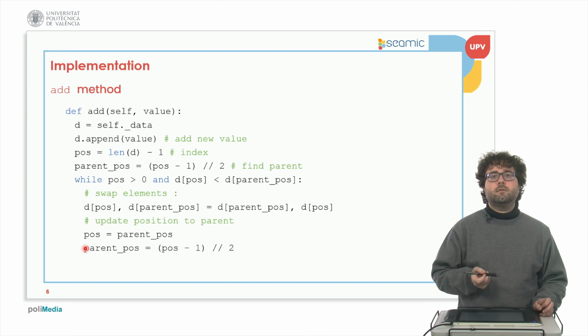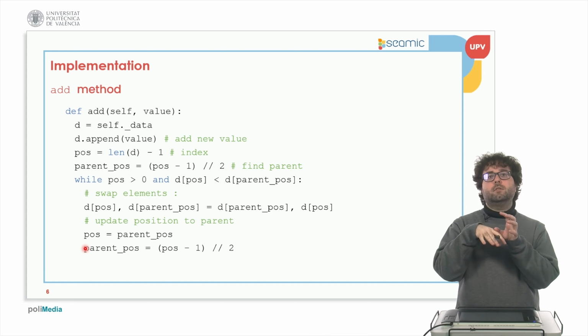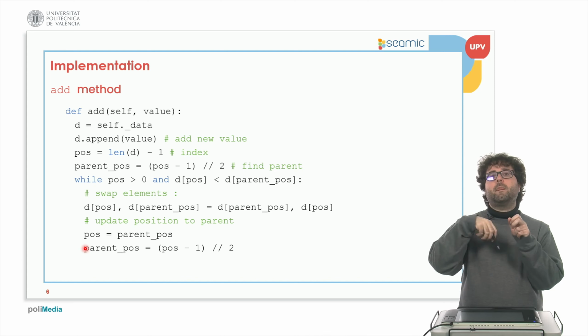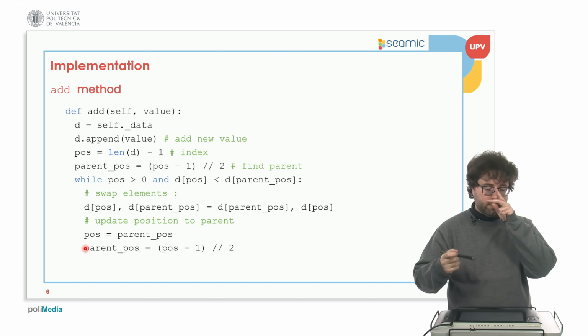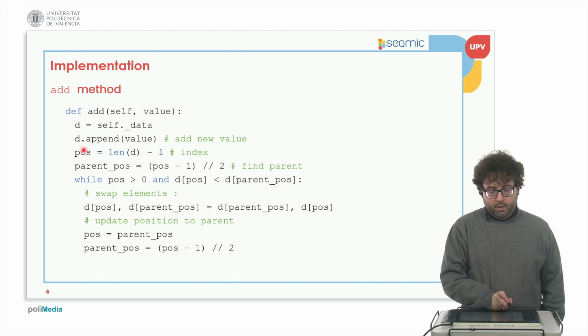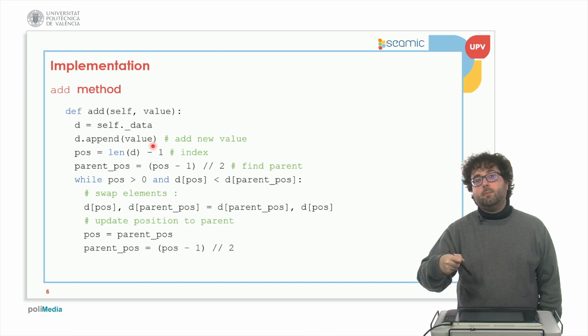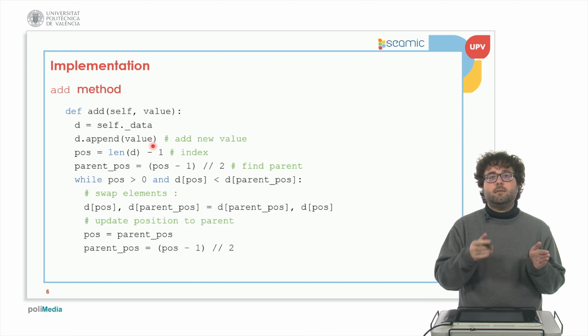Next, adding new values into the heap. Remember that what we do is add at the last position, and then from there check the parents to see if we need to make swaps. Again, just for clarity's sake, we add the new value at the bottom of the tree. Since we are representing the tree with a list, it's just making an append to add the new value.